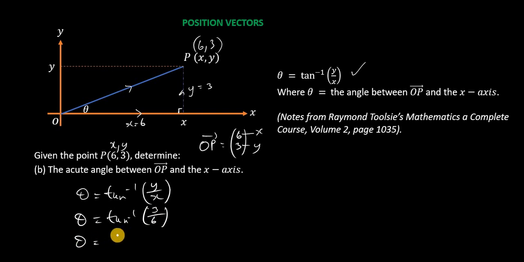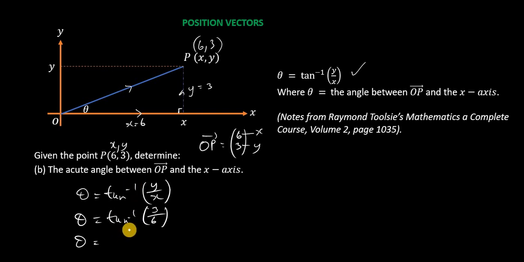We input that in our calculator. Depending on the calculator you have, let's say you have a double display calculator, you're going to put shift, and then you're going to press tan, and you should see tan inverse in the calculator. This symbol here with the negative power means tan inverse.